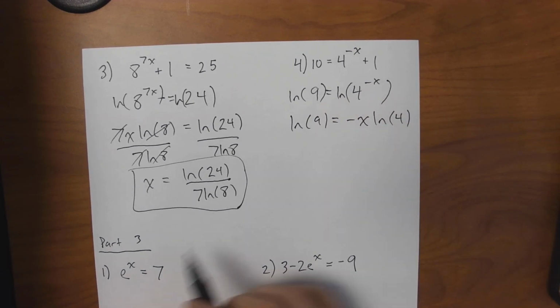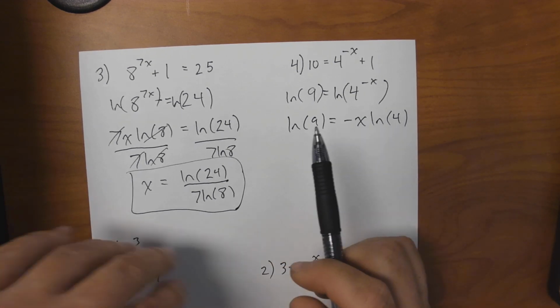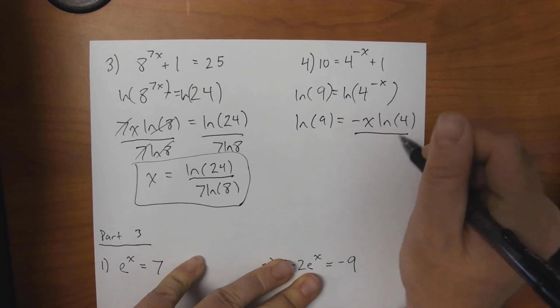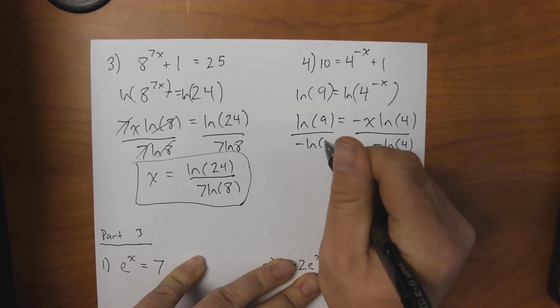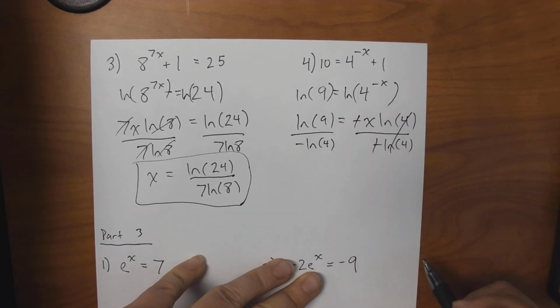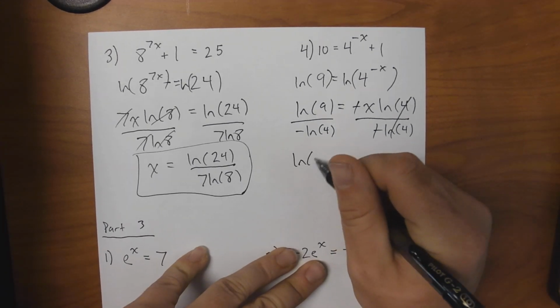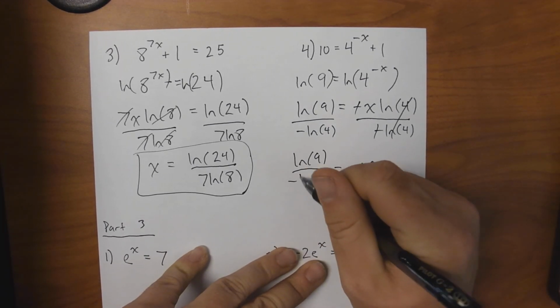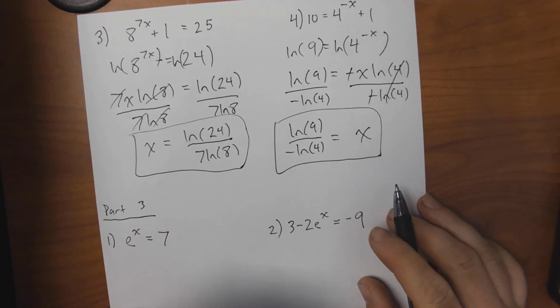So remember, properties of logarithms allow us to pull that exponent in front, and then just simply divide and we're done. So divide both sides by negative natural log of 4. Notice that'll cancel the negative there. So x equals natural log of 9 divided by negative natural log of 4. There we have it.